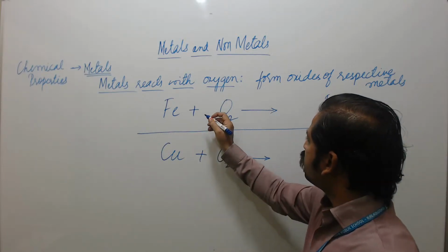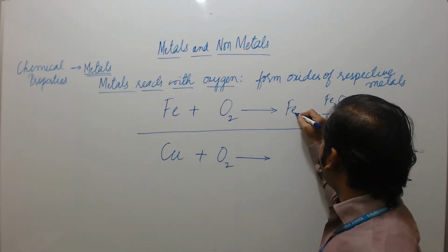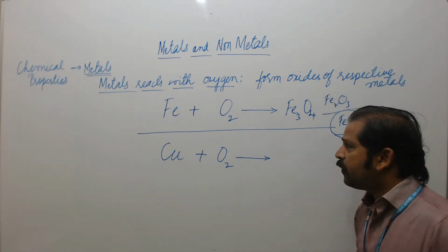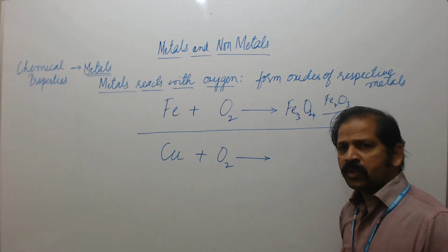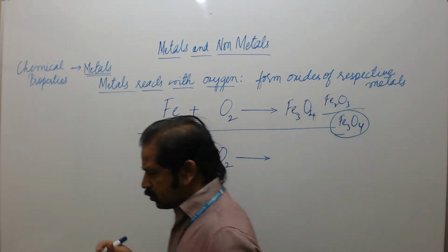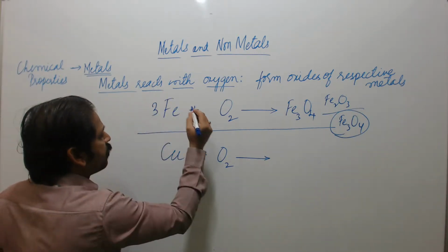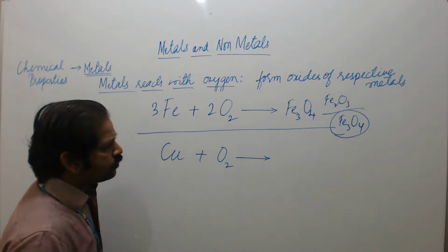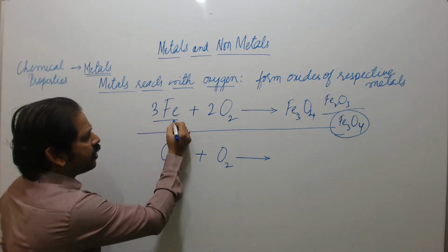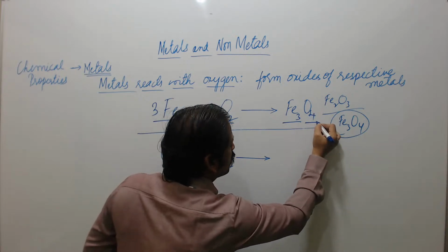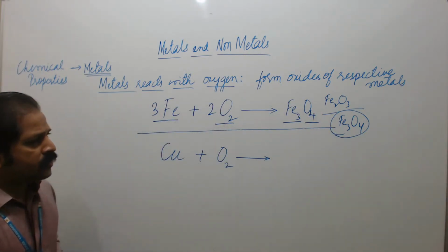Iron reacts with oxygen to form iron oxide, Fe3O4. Yes, I told you about this. 3Fe plus 2O2 gives Fe3O4: Fe3 here, Fe3 here, and 2 twos are 4 oxygens.